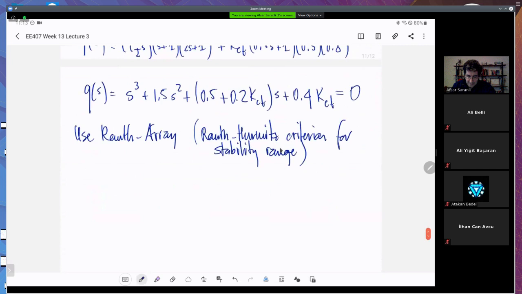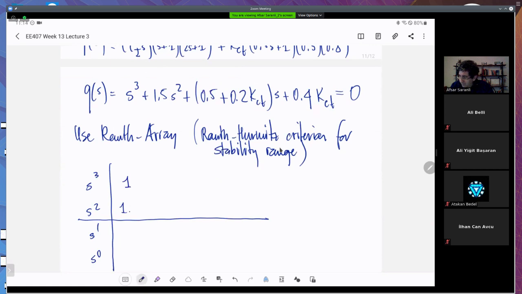So what is my Routh array? I'm going to have s cubed, s squared, s1, s0. The first row is from the coefficients given to me, so I have 1, 1.5, 0.5 plus 0.2 KC, and then 0.4 KC.